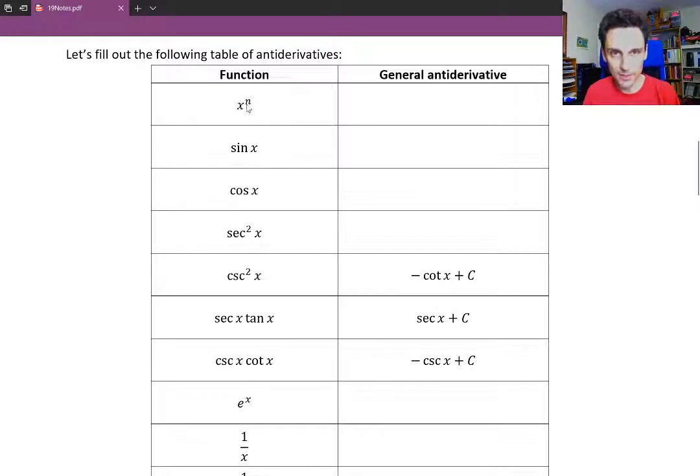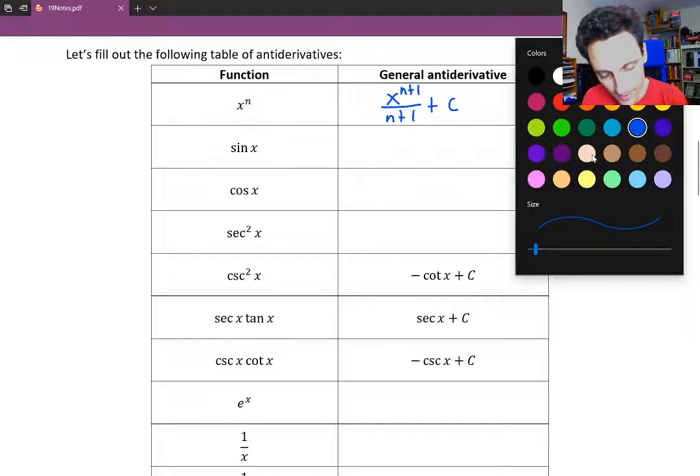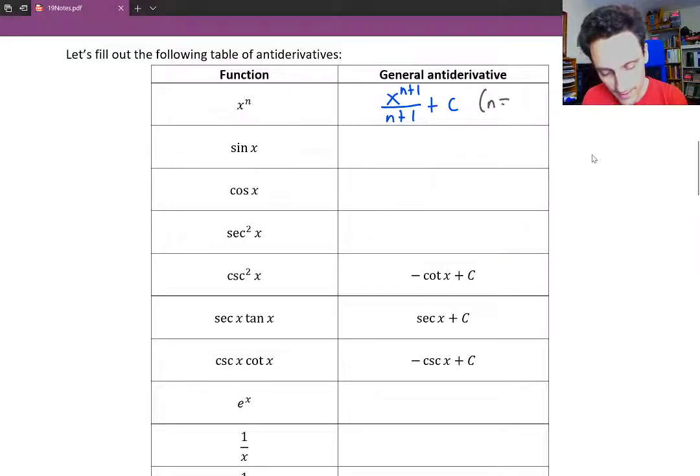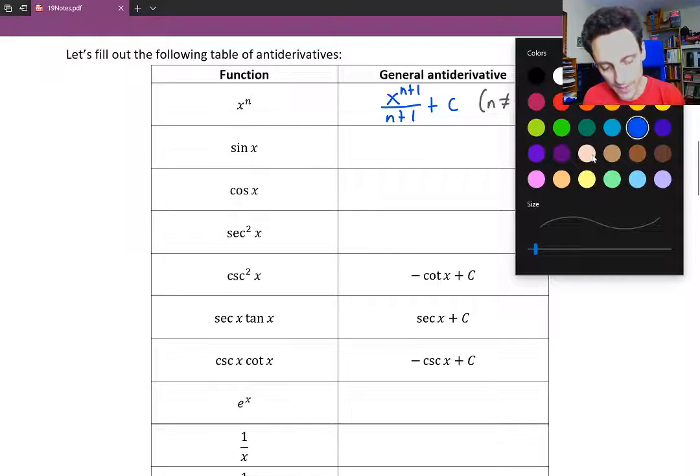So this could be x cubed, x to the fourth, x to the fifth. This one's tricky, but if you said x to the n plus 1 over n plus 1 plus c, then that would be correct. Now there's a side note here, which is that n can't be equal to -1. We'll explain that in just a moment.